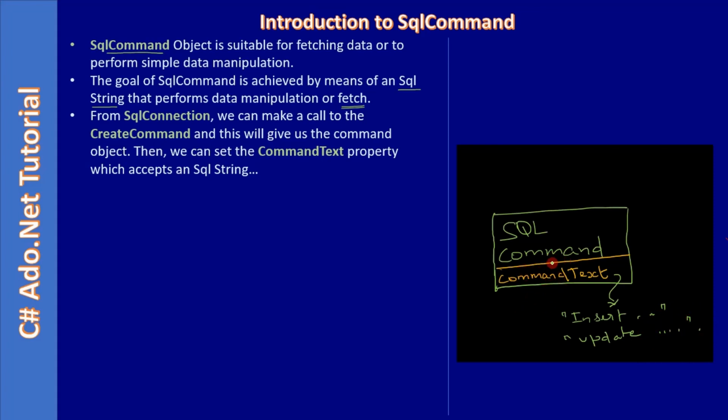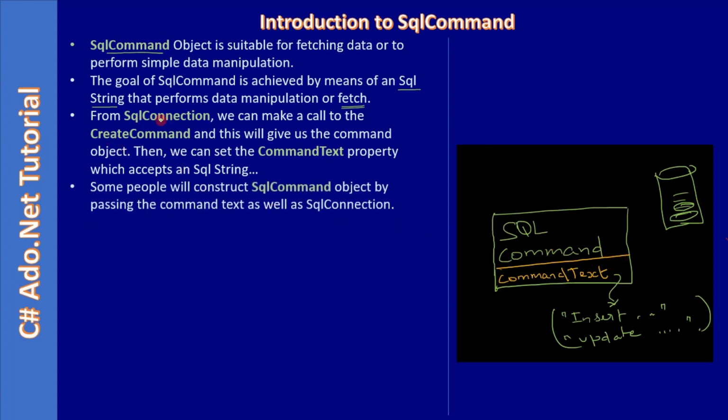Later, using the SqlCommand, you can hit the DB. And in the DB, whatever you specify in the CommandText will get executed and the relevant action will be taken. Whatever you are seeing here is a DML statement, so it will affect the database with some changes.